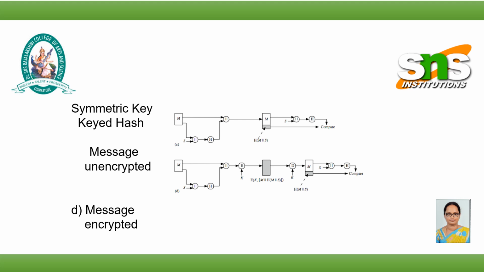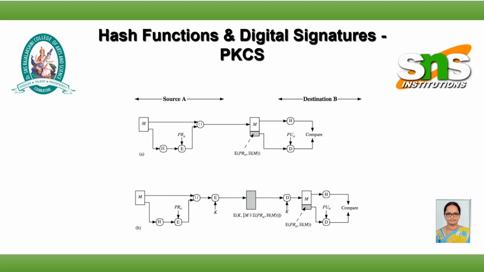We perform an XOR operation, then add the hash function to this. Again we perform the encryption operation. When we decrypt, it compares the two values and checks whether they match. If it matches, then it is a valid value. If it doesn't match, we discard that.